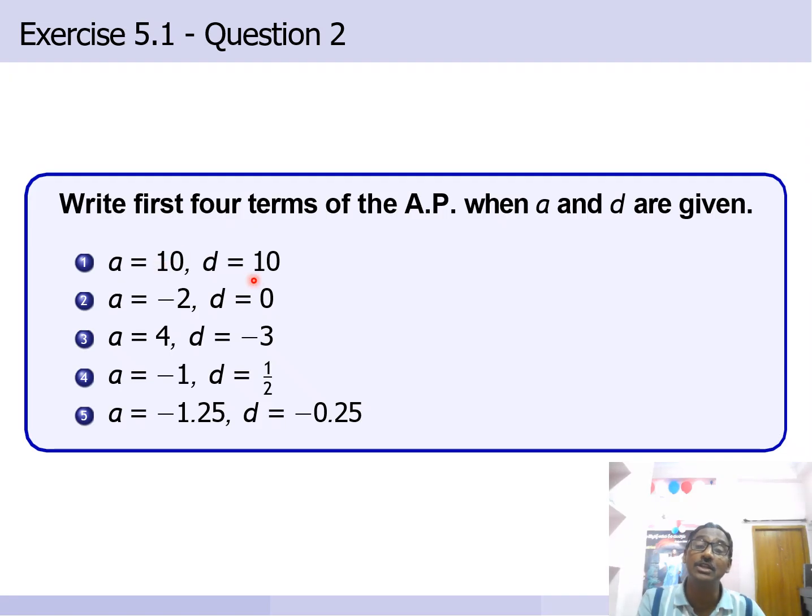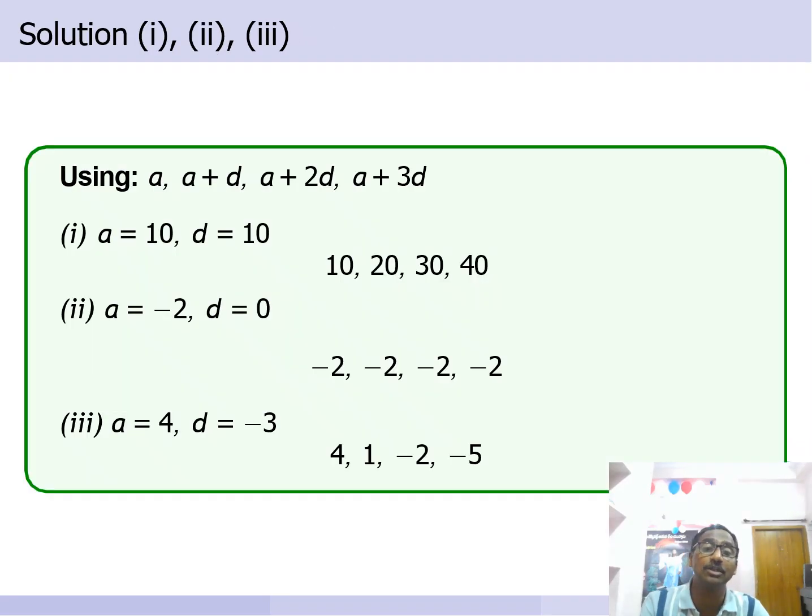A plus D will be the second term, that is 10 plus 10, that is 20. What is the third term? A plus 2 times D. So 10 plus 2 tens, 20, 30, 30 will be the next term. In that way you can find all the terms. So for all these we are going to find the first four terms.